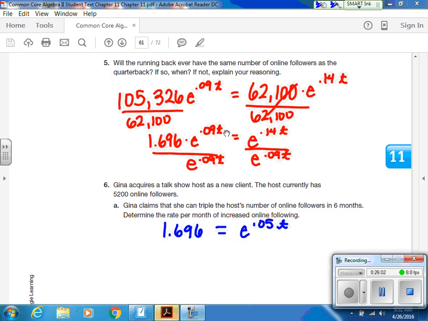So what am I going to do now? Natural log. Natural log of 1.696 equals 0.05t, so I'll divide by 0.05. Natural log of the answer divided by 0.05 is about 10 and a half months.